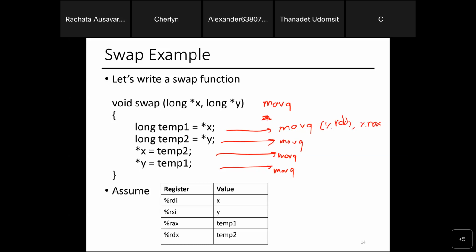I'm saying you have to close the parentheses. Sorry, my handwriting is too bad as well. So here is percent RSI. You write it into RAX. Over here, temp2 becomes the source. So temp2 is RDX. You write it into the location of x. So that's percent RDI. And the last line is percent RAX.